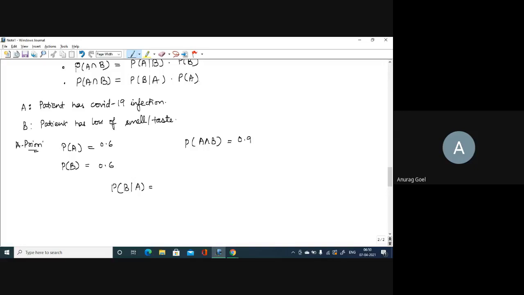That means what is the probability that the patient has loss of smell and taste given the patient has COVID infection? It says P of A and B by P(A), and that is 0.9. Okay.